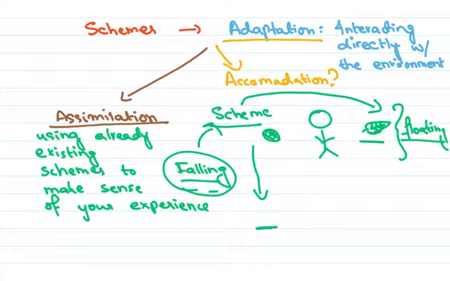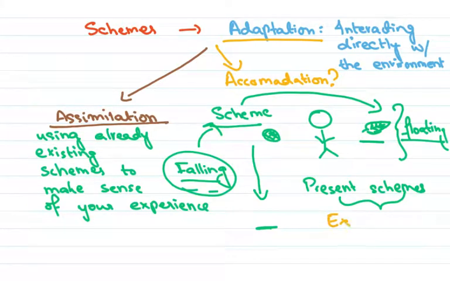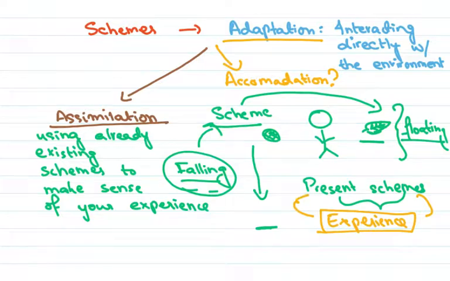So when your present schemes no longer match, or you can no longer use them to make sense of your experience, when there is this sort of incongruence, they're no longer working, then you have this process of accommodation. The process of accommodation can be that you form new schemes altogether or that you modify your previous schemes.